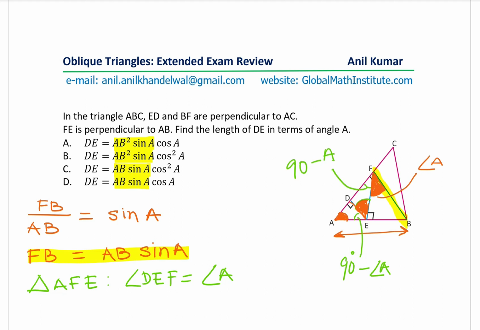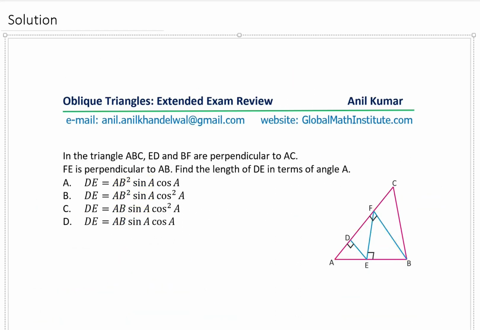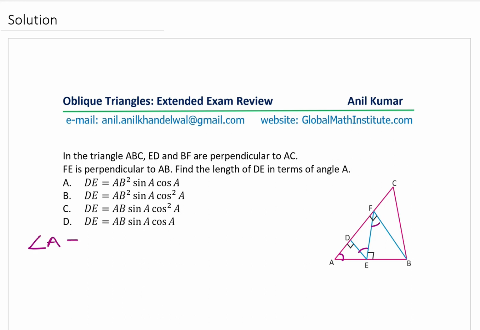Perfect. Now, with these two things, let's move forward and continue the solution to our question. So what we figured out, let's move ahead on a fresh page, is that this angle here is equal to that angle and this. So these angles are all angle A. So angle A is also equal to angle DEF, which is also equal to the angle EFB.